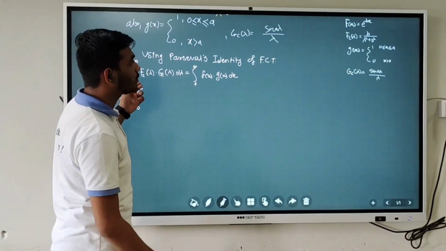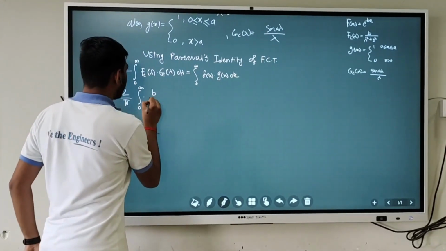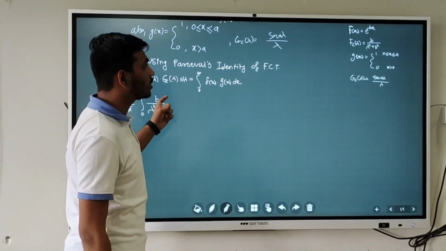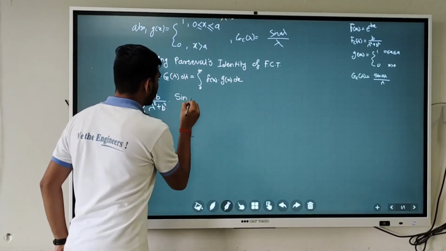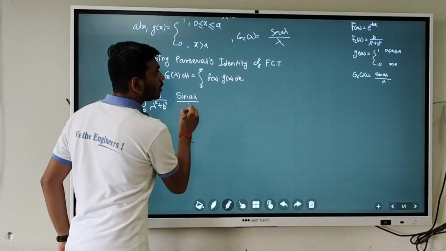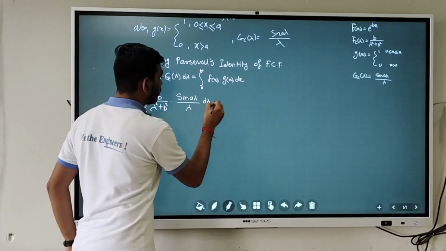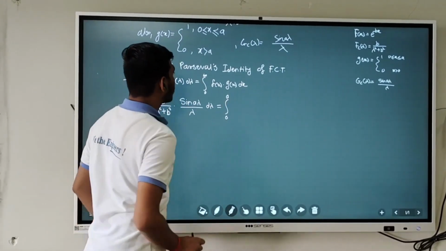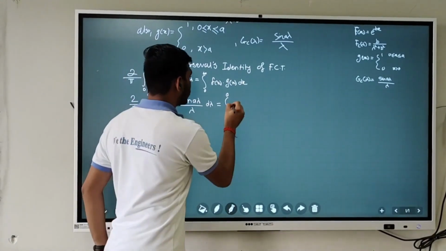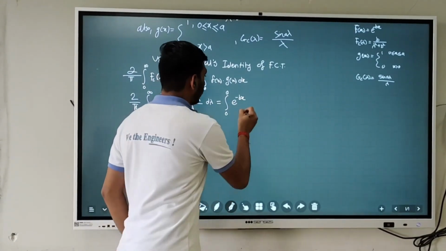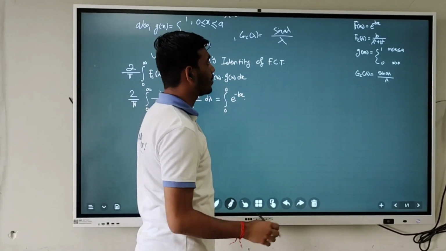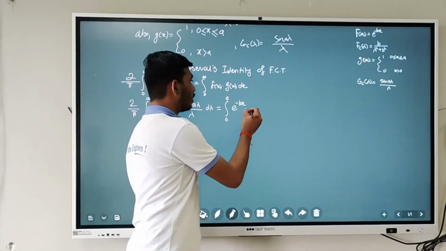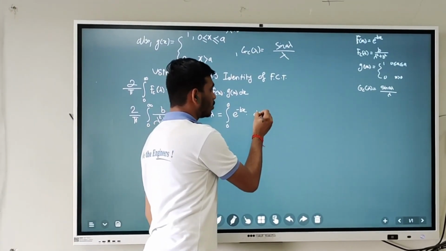The value of fc of lambda is b upon lambda square plus b square multiplied by gc of lambda, which is sin of a lambda upon lambda, with respect to lambda, which is equal to integration from 0 to a. f of x is e raised to minus bx, and g of x is 1, with respect to x.